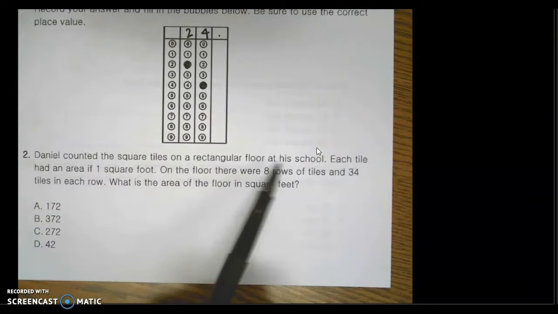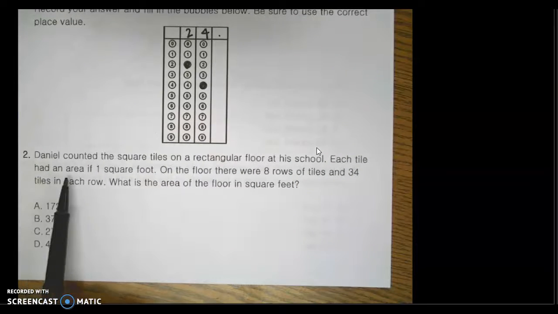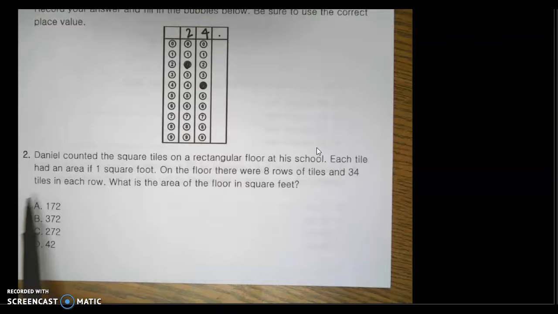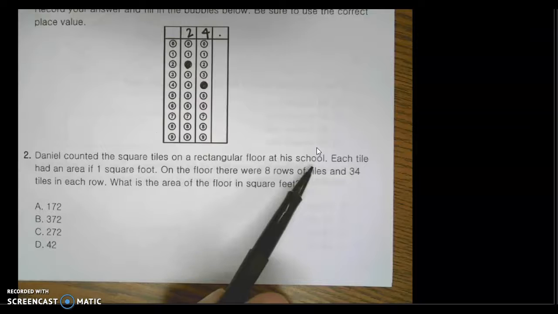Daniel counted the square tiles on a rectangular floor at his school. Each tile had an area of 1 square foot. On the floor, there were 8 rows of tiles and 34 tiles in each row. What is the area of the floor in square feet? I'm going to read that one more time. Daniel counted the square tiles on a rectangular floor at his school.